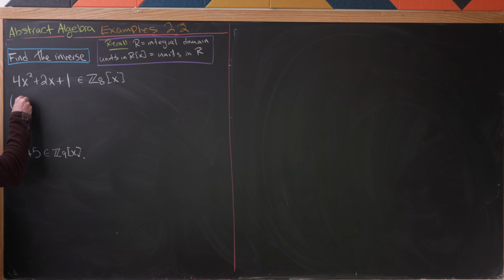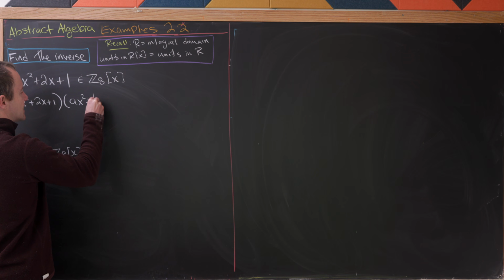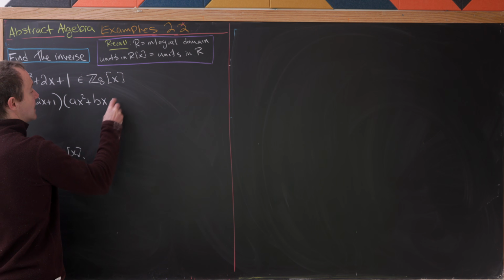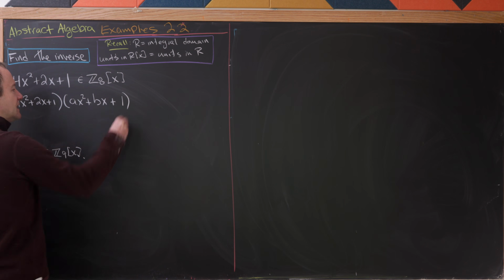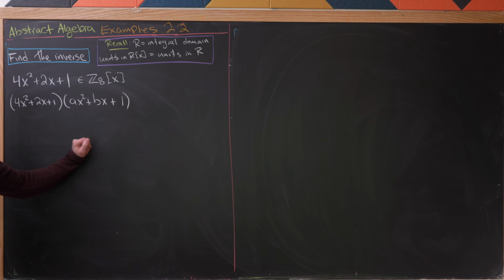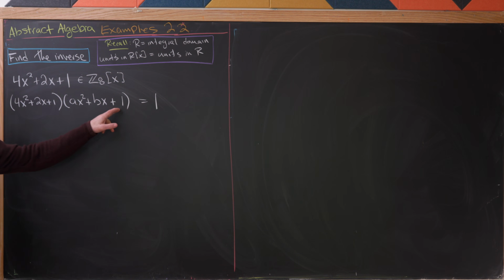So let's look at 4x squared plus 2x plus 1 times ax squared plus bx plus, well, actually, we know that this must be a 1, given that we want this whole thing to be equal to 1 in the end, and that's the only way to get a constant term of 1 there. So that's restricted already.